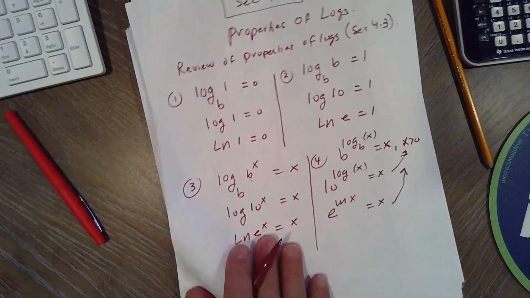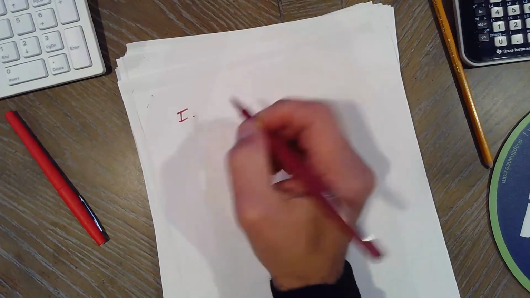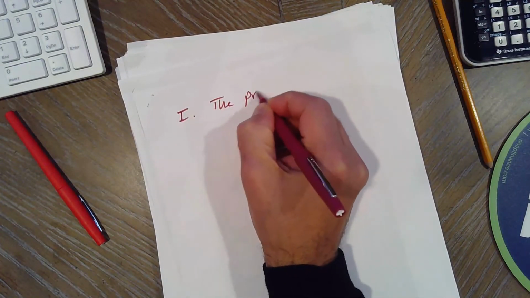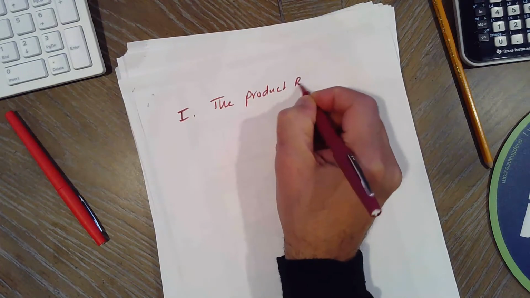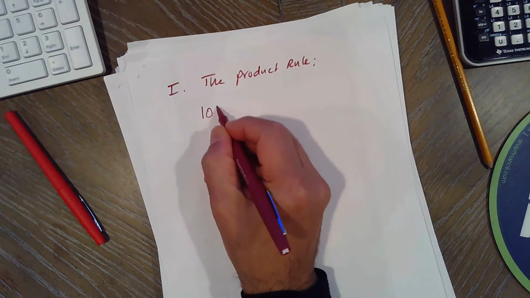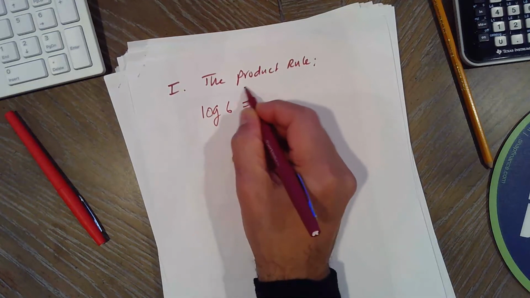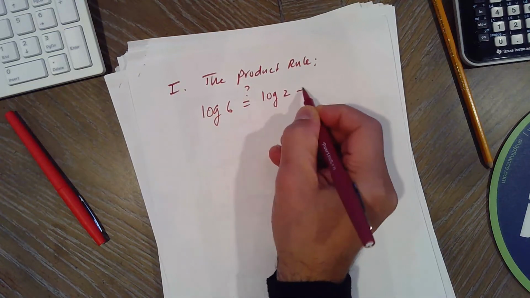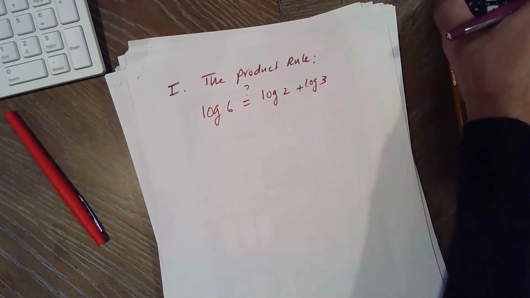So now the new properties of logs are, the first one is what we call the product rule of logs. And the first thing I want to do before I show you the rule is check with my calculator. Is it true that log 6 equals log of 2 plus log of 3? Well, let's check.